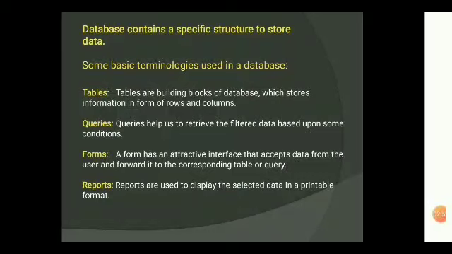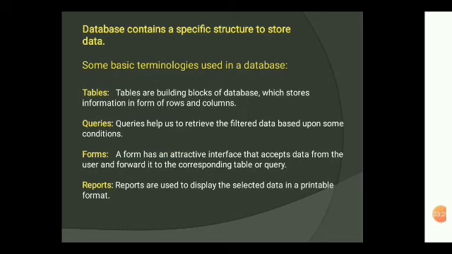Database contains a specific structure to store data. Let us study some basic terminologies used in a database. Tables. Tables are the building blocks of a database. They store the complete data in a structured manner, that is, in the form of rows and columns. Every table has a finite number of columns and rows.